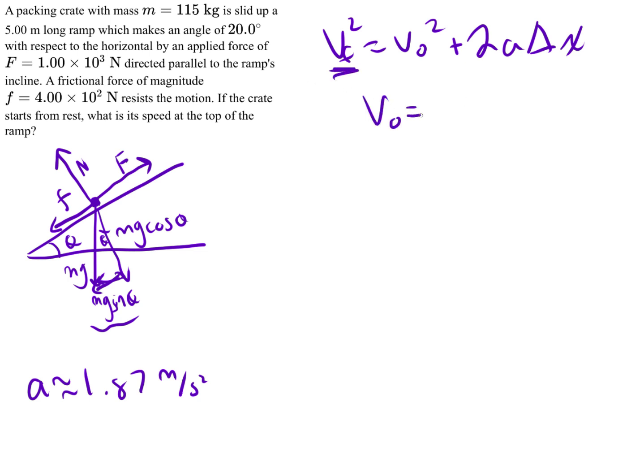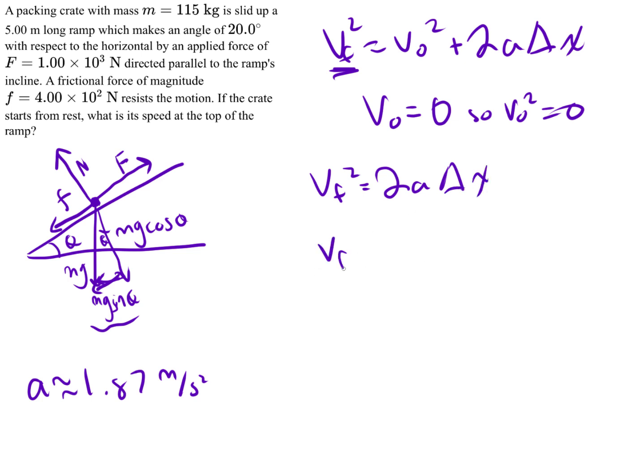Now we know that the initial velocity is 0, so the initial velocity squared is still 0, because it starts from rest. And so we just get that the final velocity squared is equal to 2 times the acceleration times the displacement. And we can just square root that to get the final velocity.